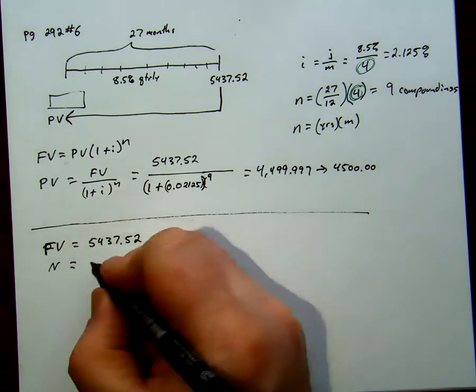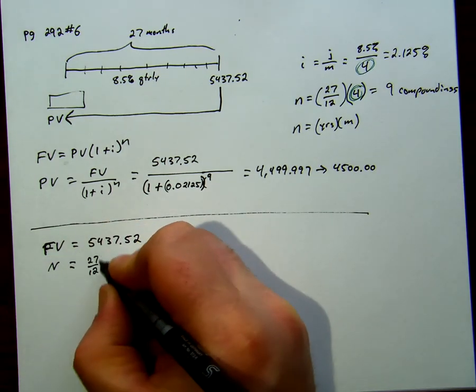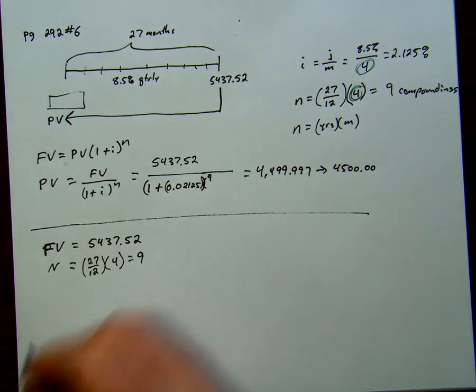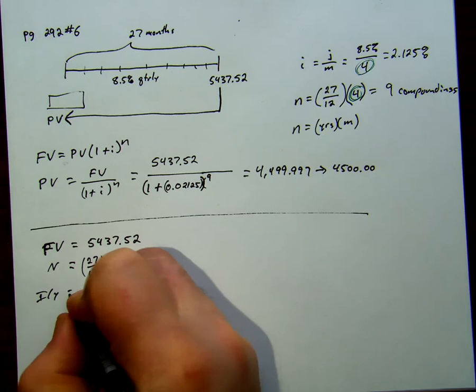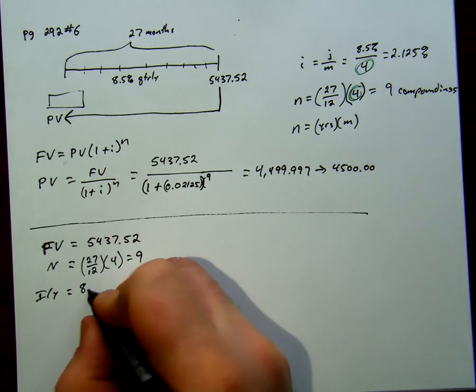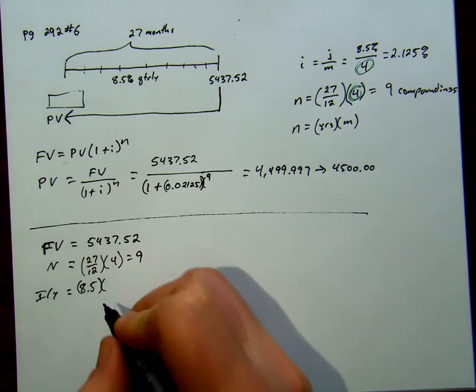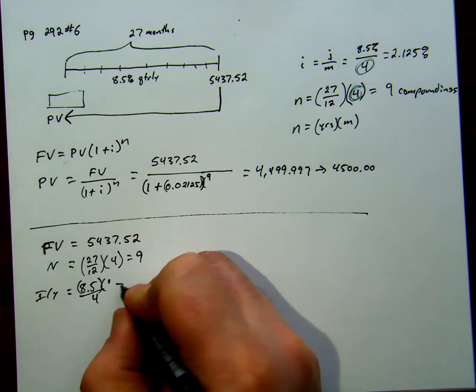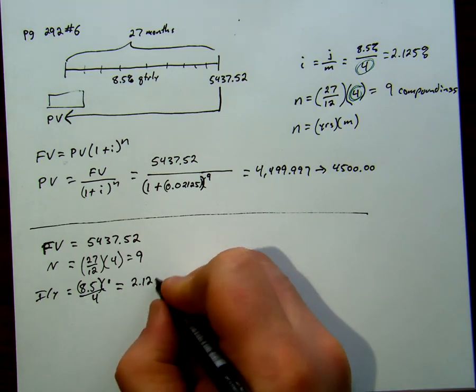And n is going to be 27 over 12, number of years, times 4, and that was 9. And i per year is going to be 8.5% divided by 4, which is equal to 2.125.